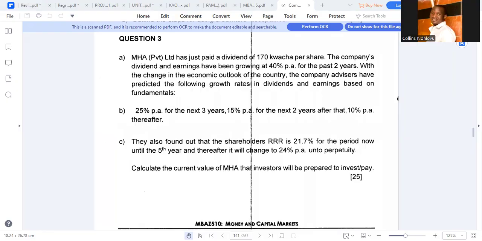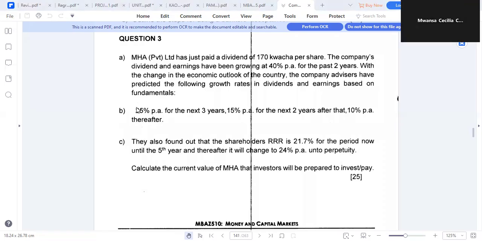So what are we given in this question? Mr. Collins, will that question be 3B? 3A. We'll start from A.